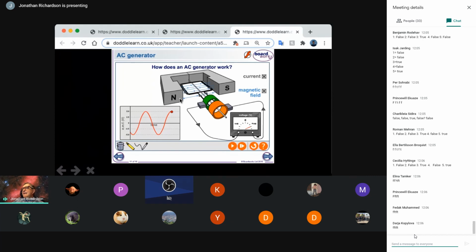So we've got a magnetic field from north to south. We've got the current induced by the motion, and I'll keep this moving round now. We'll get to a point around here where this coil is not cutting any of the magnetic lines of force.